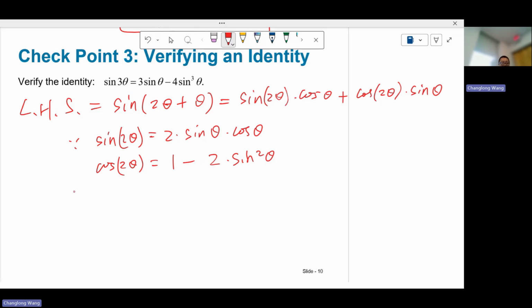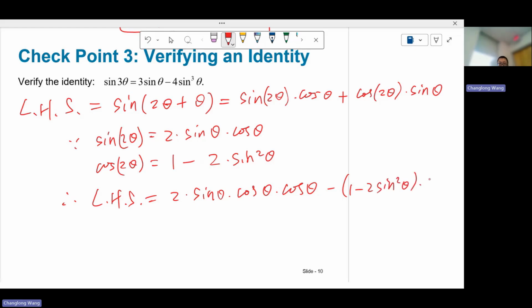So let's go ahead and conclude that we can now write the left-hand side as 2 times sine theta times cosine theta times cosine theta. Now this guy is 1 minus 2 sine squared theta times sine theta.